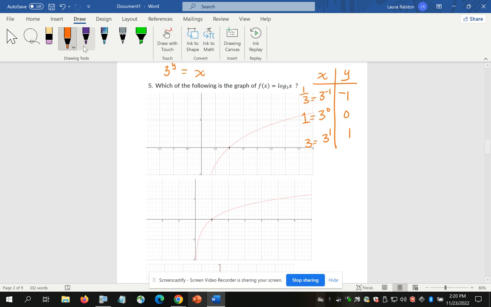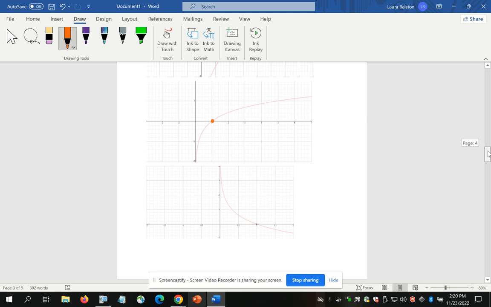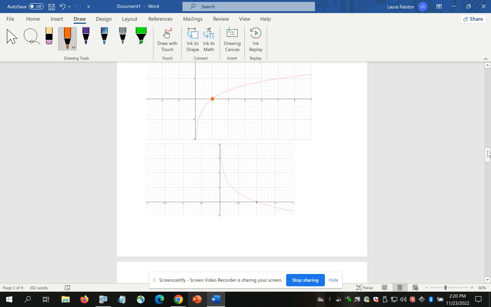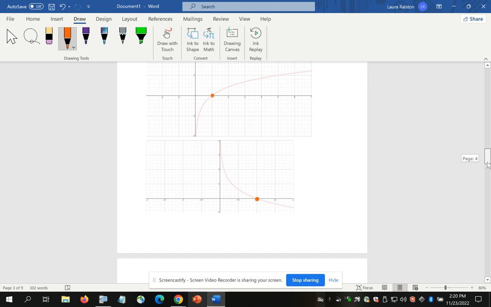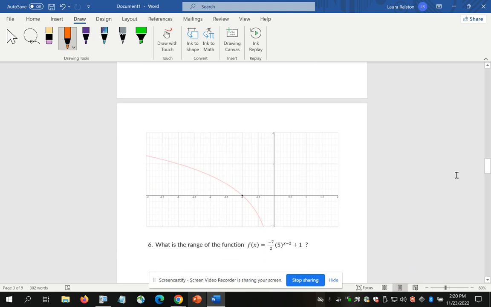So I know that I have to have the point 1, 0, which I have for the first one. I do have it for the second one. Notice the scales. The scales are changing, so you've got to pay attention. Yeah, I got 1, 0. And the last one I do not have 1, 0, so I know it's not this one.